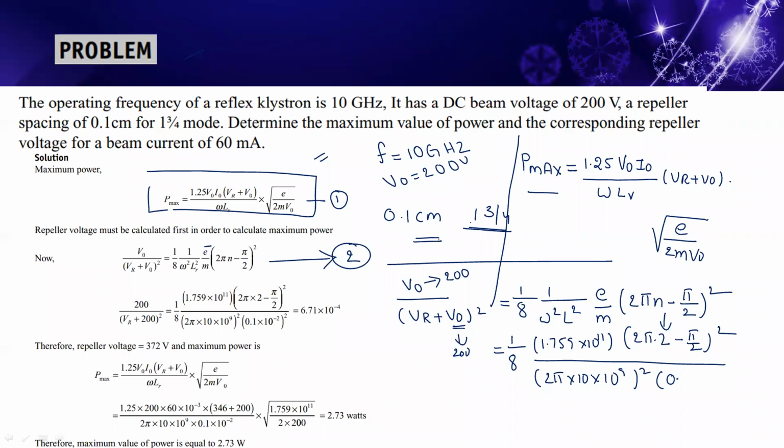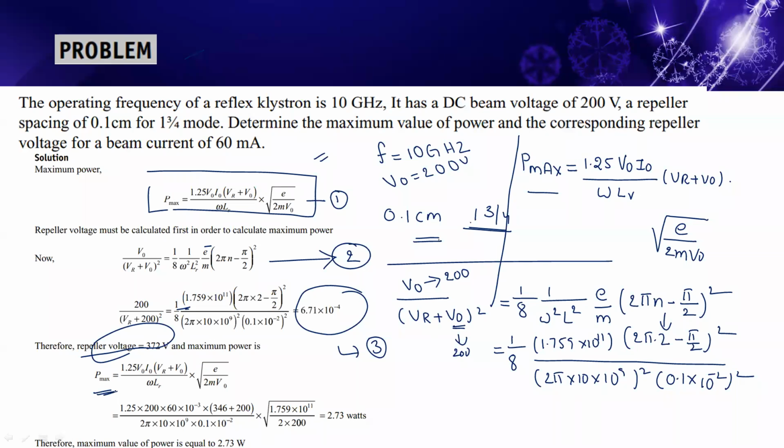What is L? The given data is 0.1 centimeter. So you get 6.71 times 10 power minus 4. So the repeller voltage is 372 volts.